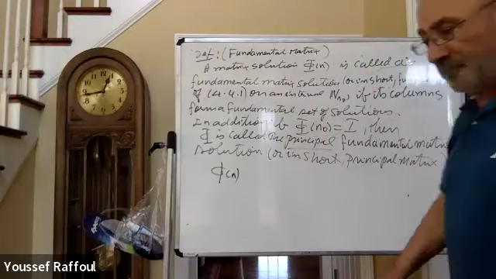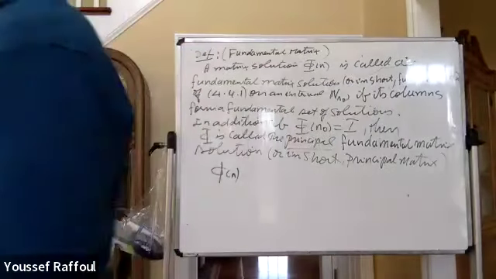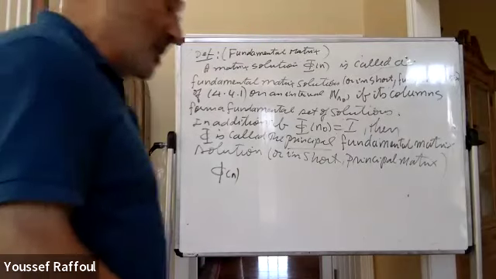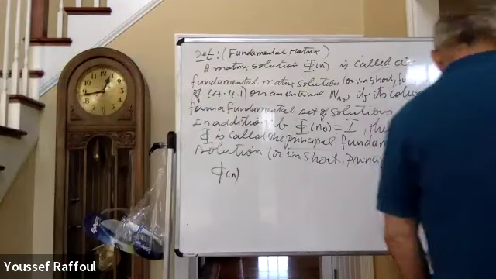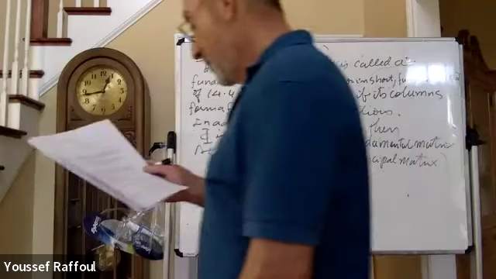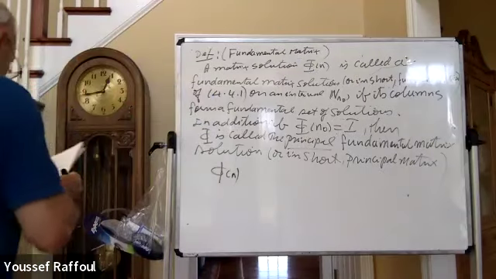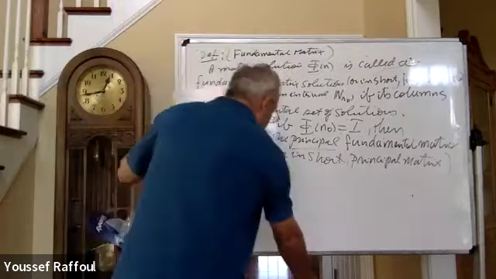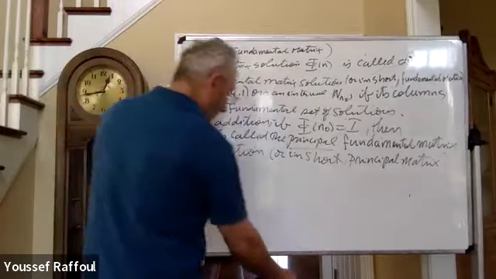Here it is the same, but you don't know how to find the solution if the matrix A is not constant. It becomes very difficult. So this is nothing new, basically.